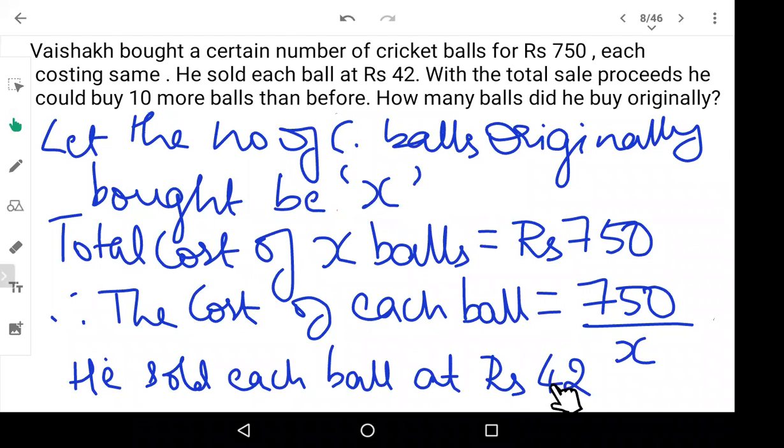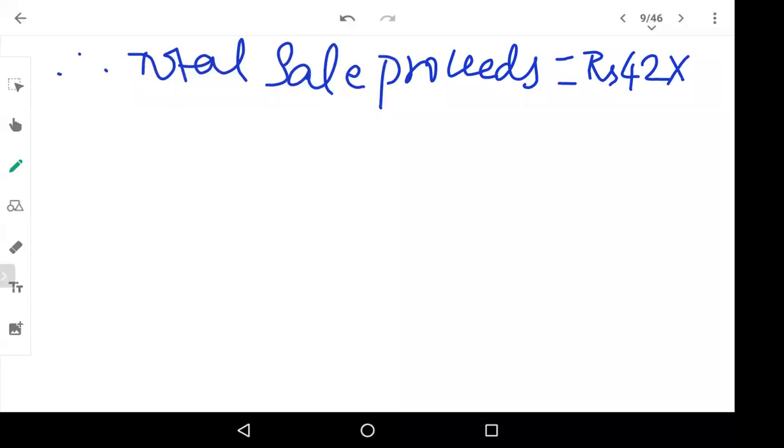So therefore, total sale proceeds is nothing but 42 rupees per ball multiplied with x number of balls, which is nothing but 42x.